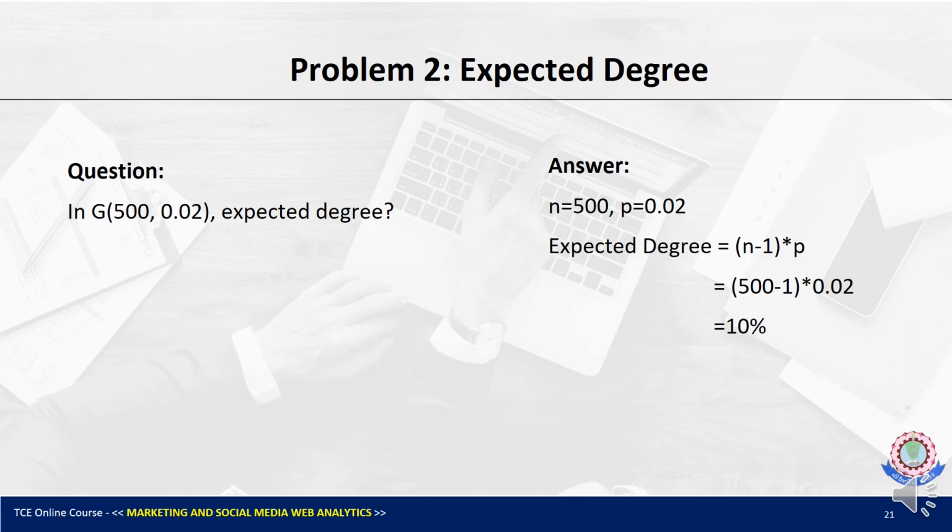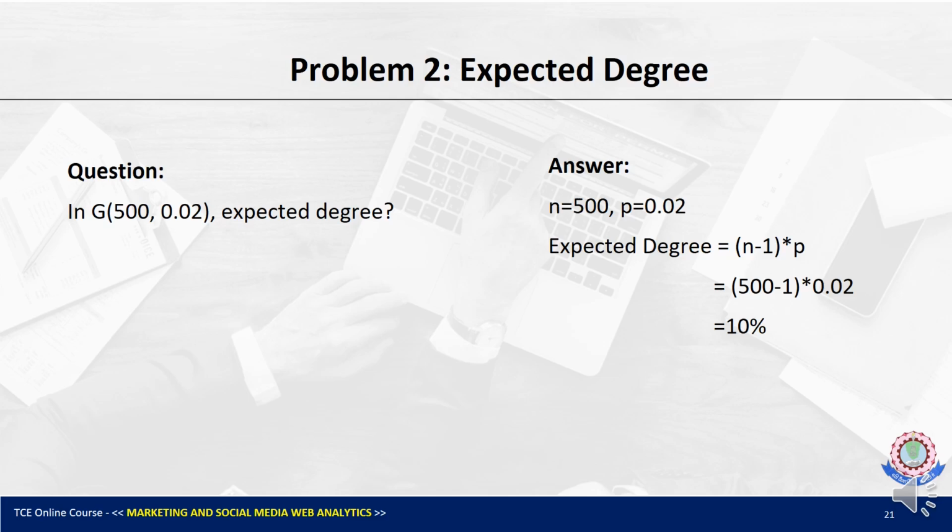So the next problem is relevant to expected degree. For this problem, we have a G of 500, 0.02 graph. We want the expected degree of a node. The formula for expected degree in an ER network is E of k equal to (n minus 1) into p. So let's plug in these values.